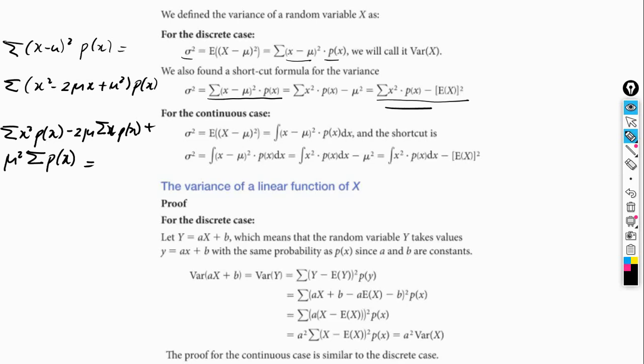First of all, notice that this here is simply the mean or the expected value, right? So this is just the same as mu. And this expression here is just the sum of all the probabilities, which is equal to 1. So we end up with the expression, the sum of x squared p of x minus 2 mu squared plus mu squared, and then we end up with the final expression, right?